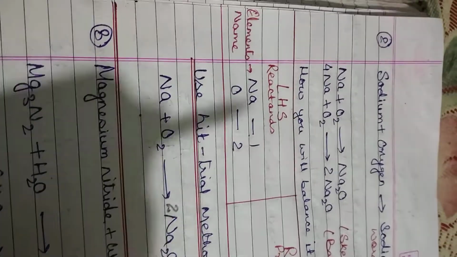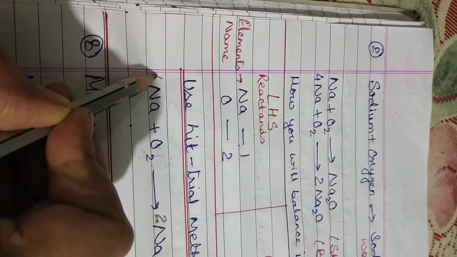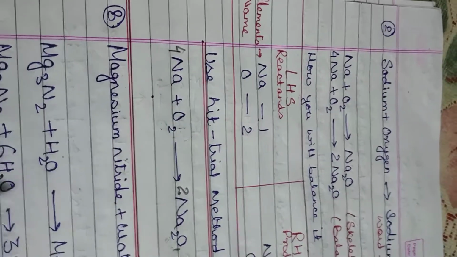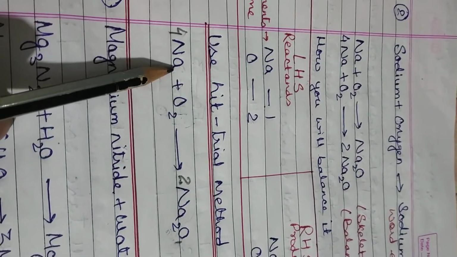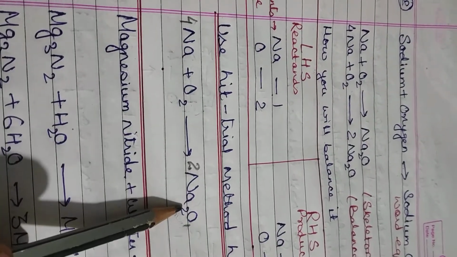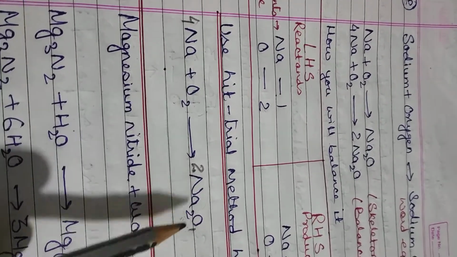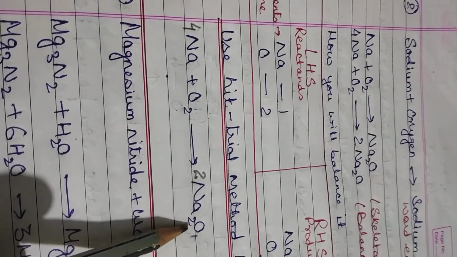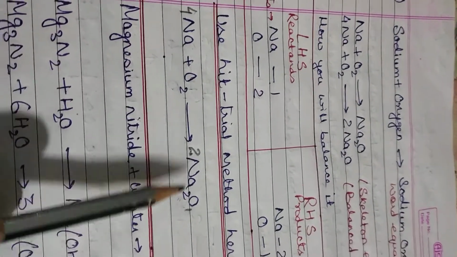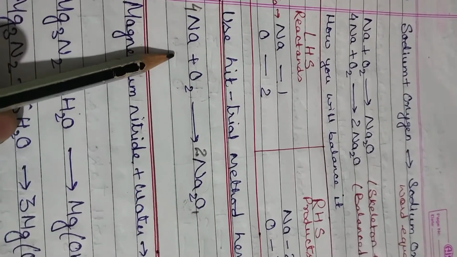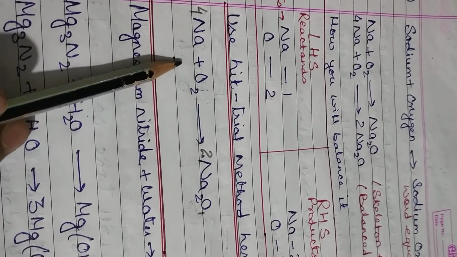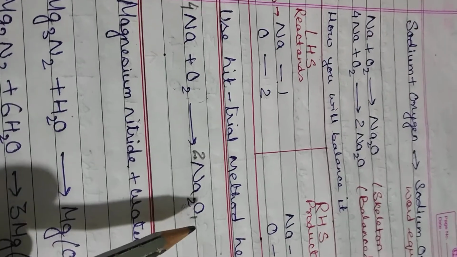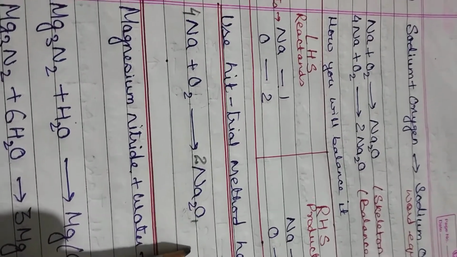You will put a 4 on the left hand side. Now we see here 4 sodium, 4 sodium, oxygen 2 here, oxygen here is 2 1 2. So we can say that it is a balanced equation in which the number of atoms on the left hand side is equal to the number of atoms on the right hand side.